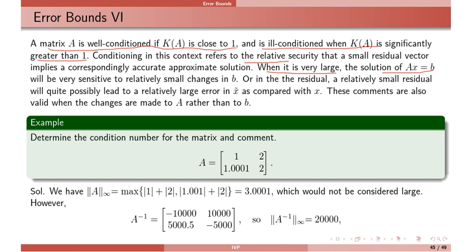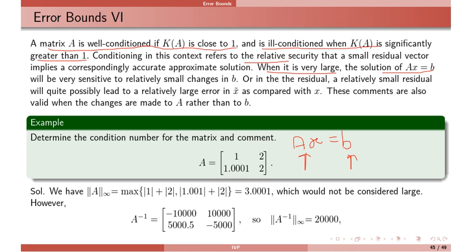You can check that. If you have matrix A, system AX equal to B, and you make small changes in the entries of A or in B, and there are small changes in the solution as well, we say that those matrices are well conditioned, and for those matrices the condition number will be close to 1.